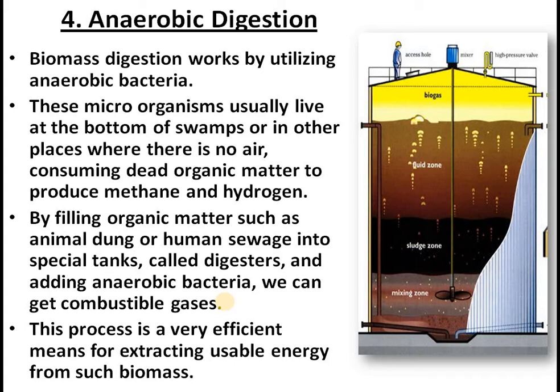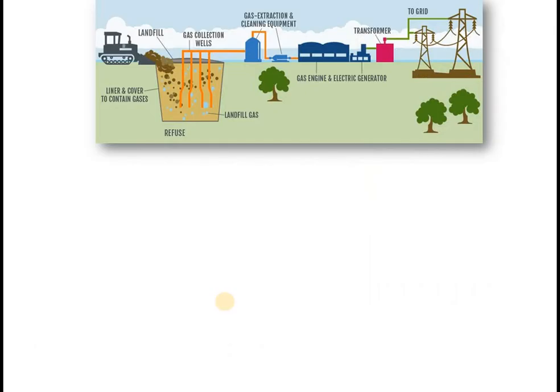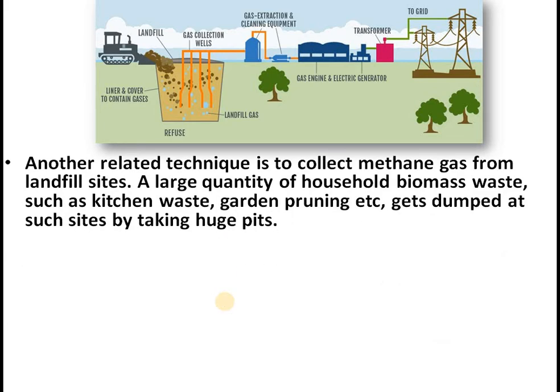The process is a very efficient means for extracting usable energy from such biomass. There are industrial level biogas plants and domestic level biogas plants. Both are there. And in addition to this, you can also get biogas from landfill sites.